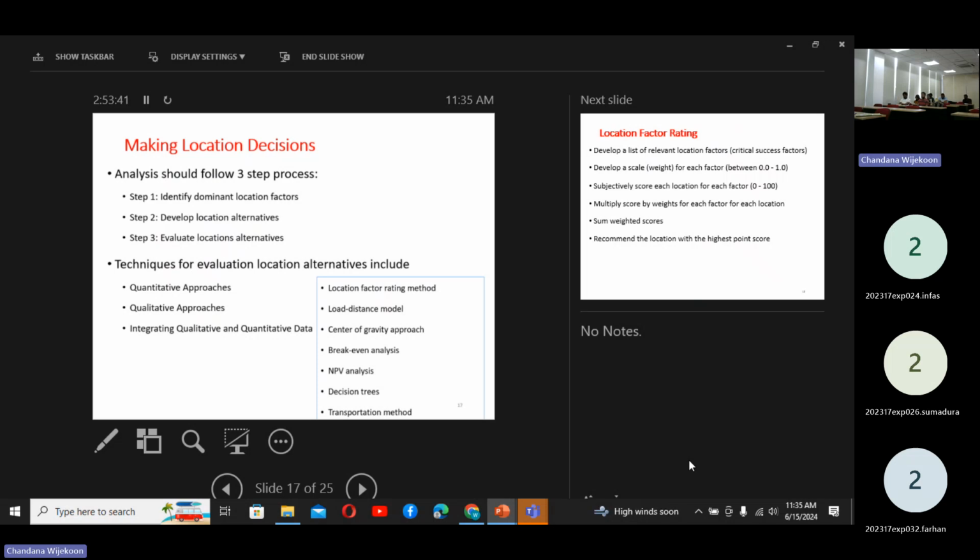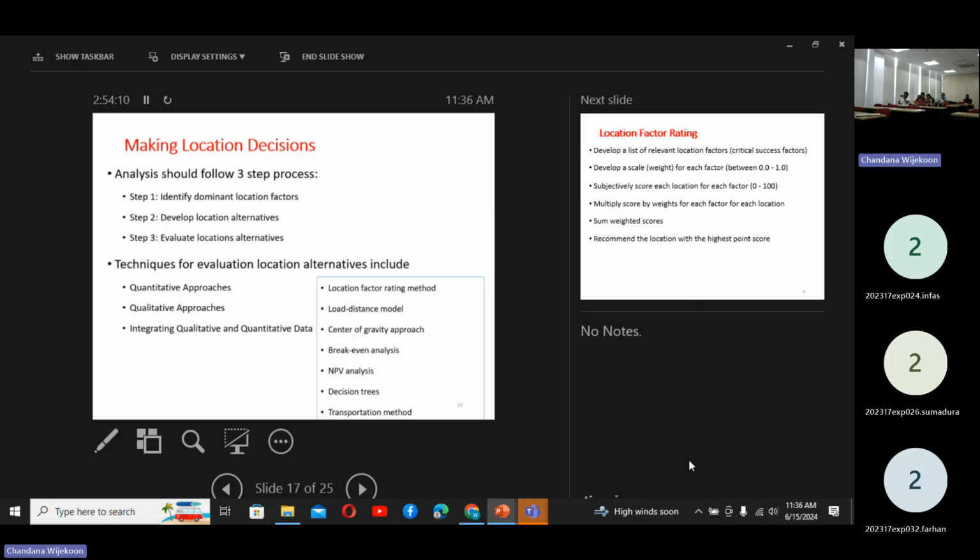So we identified there are 2 main approaches for the decision. One is cost. Looking at the cost aspects, locations can be selected, and the other one is revenue. Most of the manufacturing decisions are taken based on cost. For service decisions, consider revenue, though it is not a hard and fast rule.